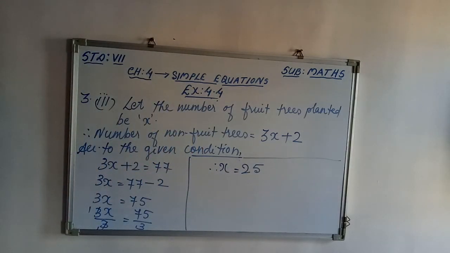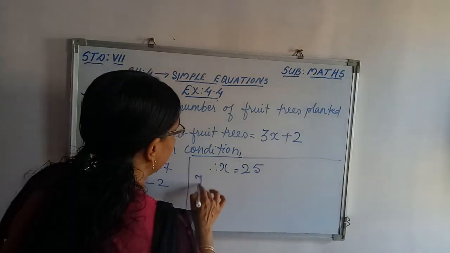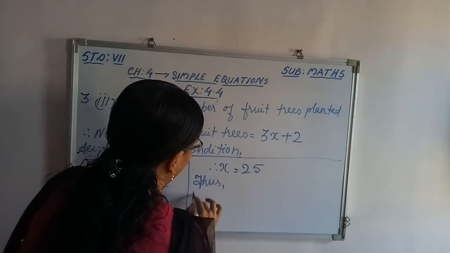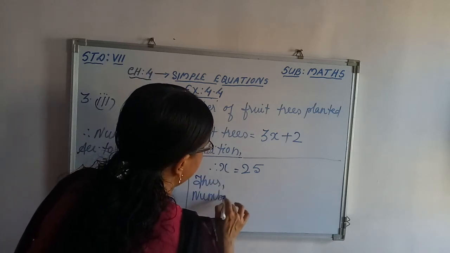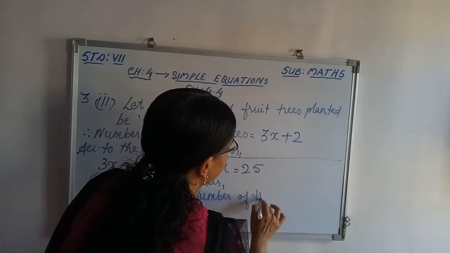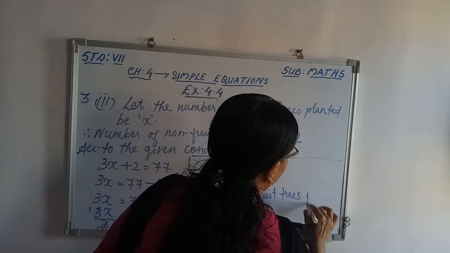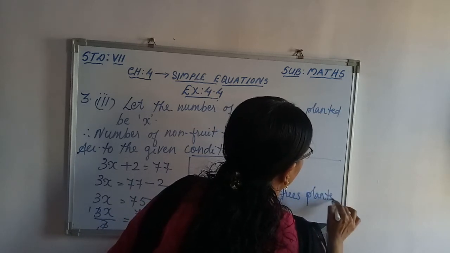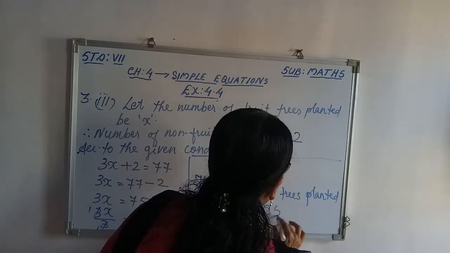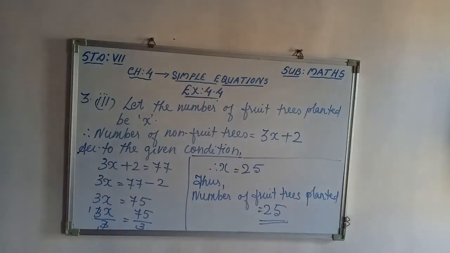What's the question? What was the number of fruit trees planted? So thus, the number of fruit trees planted is equal to 25. This is the answer.